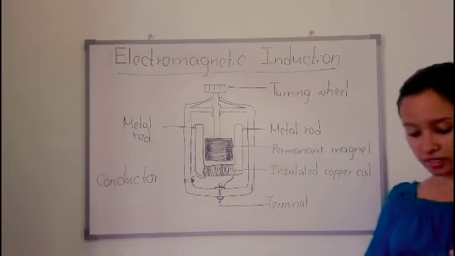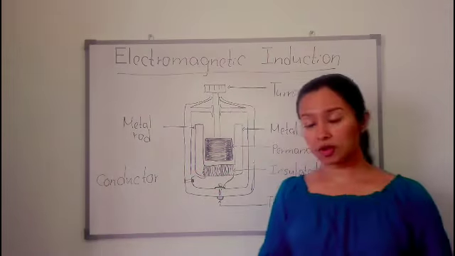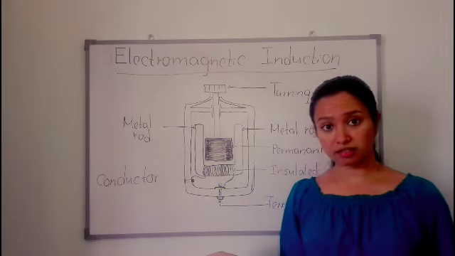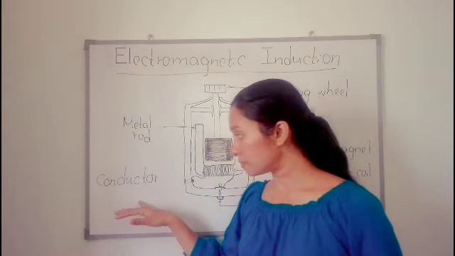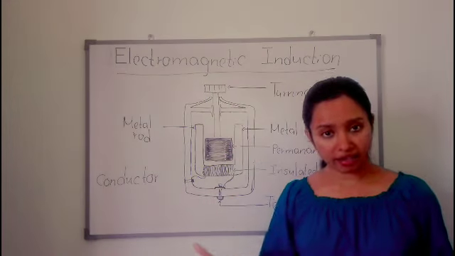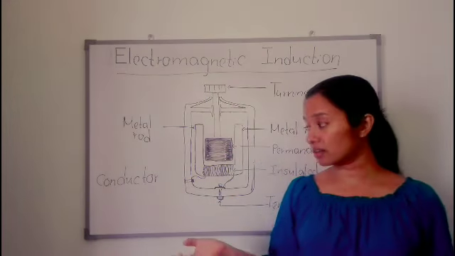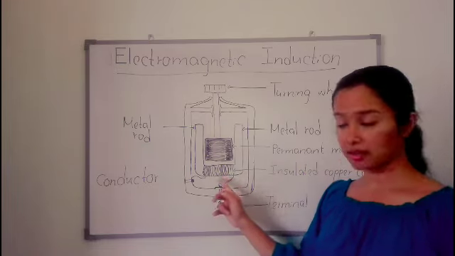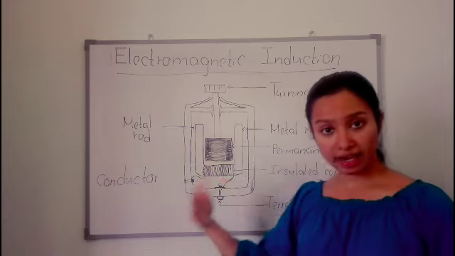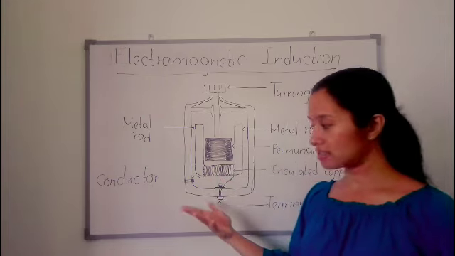We have previously learned this, conductors and insulators. Conductor means sannayaka. That means the things which carry electricity. Mostly conductors are metals. This copper coil is a metal. That means the copper coil carries electricity.